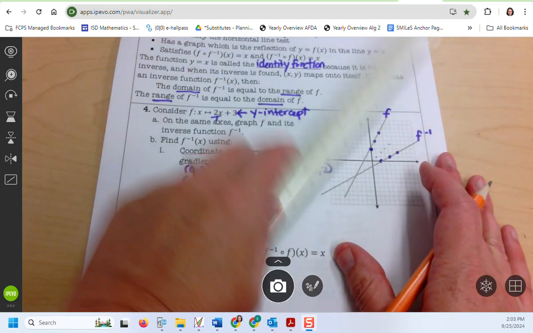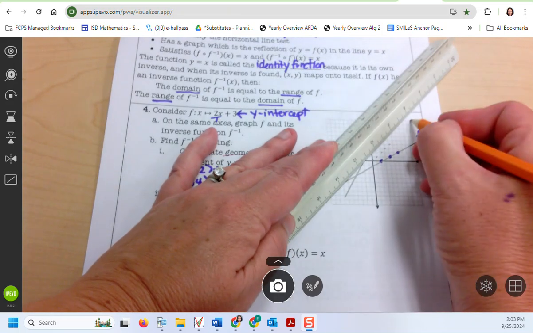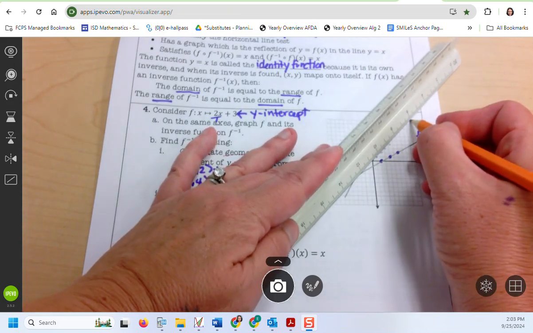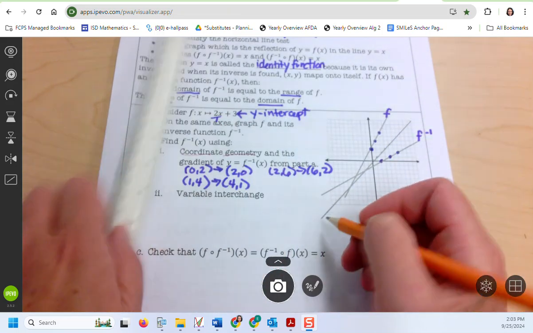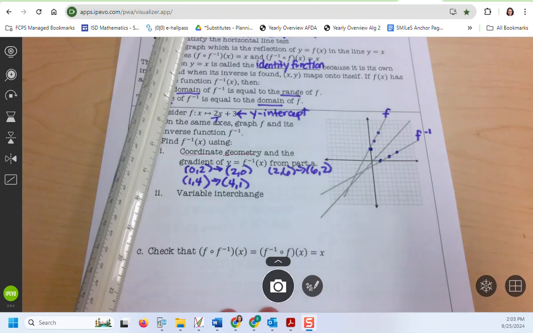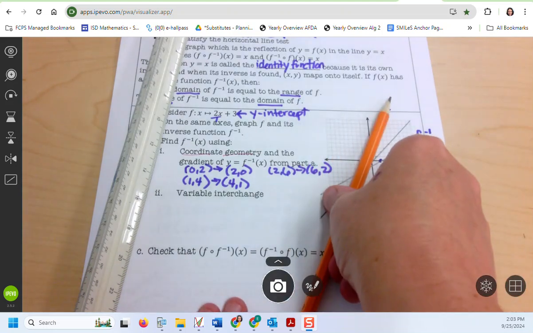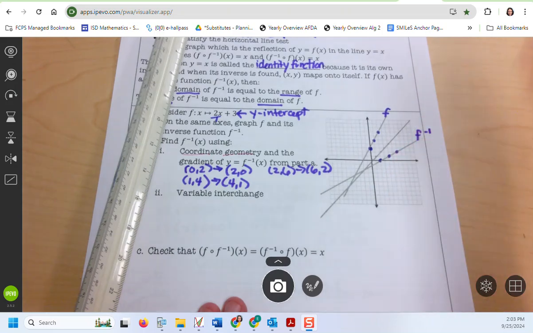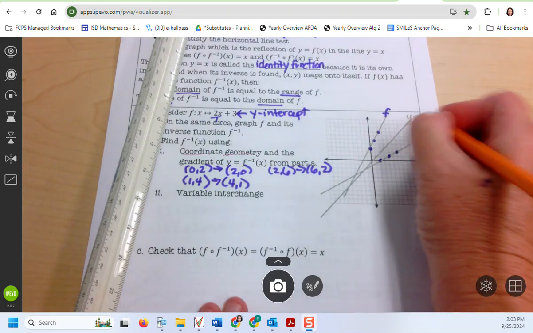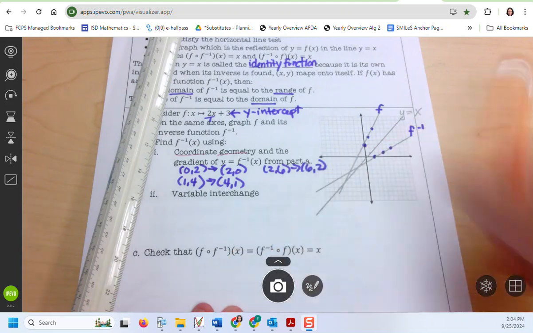That's going to give me that line y equals x. I should actually go through that corner as well. Okay, I'm off or something. I think I'm off because my dots are so big. But in general, you can see how if you reflected f across the line y equals x, it would give me this one.